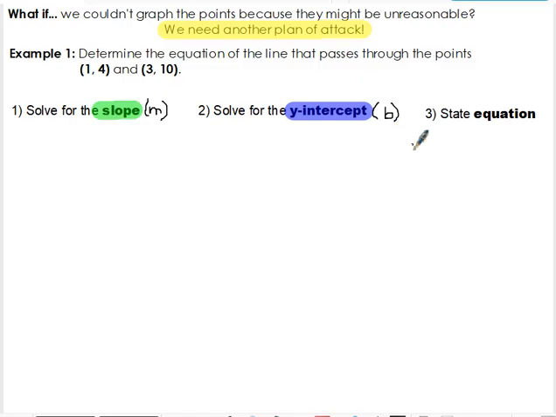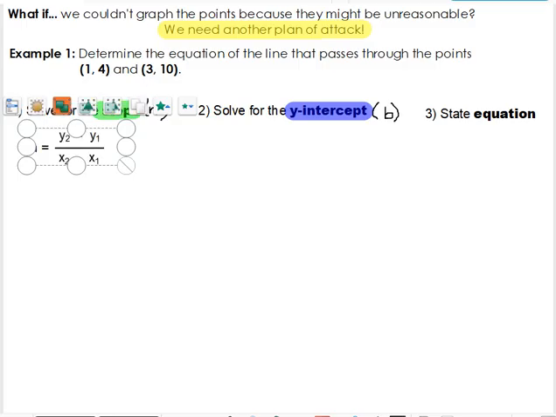Once we have those two, we can really simply state the equation of the line really quickly. Now, in order to solve for the slope without a graph, we would have to determine the slope of 2 points using this wonderful formula that we have here. And the formula is slope, or m, equals y2 minus y1 over x2 minus x1.